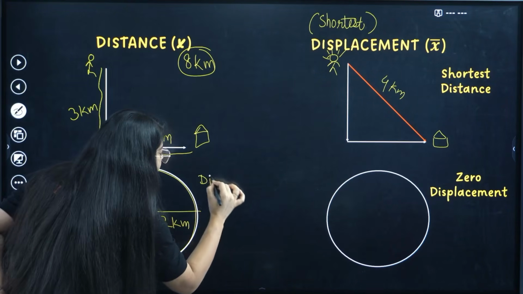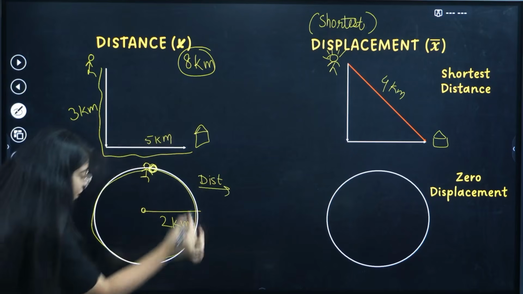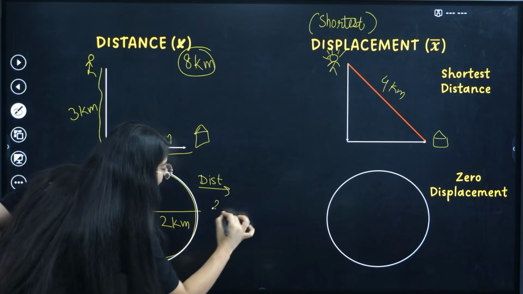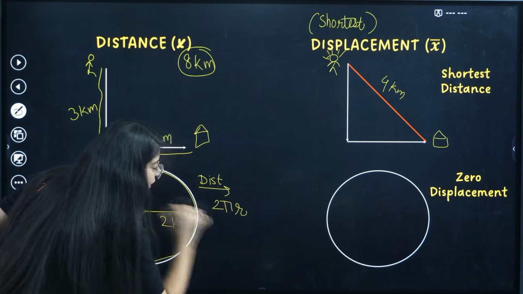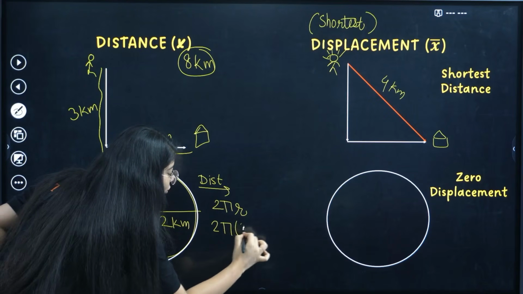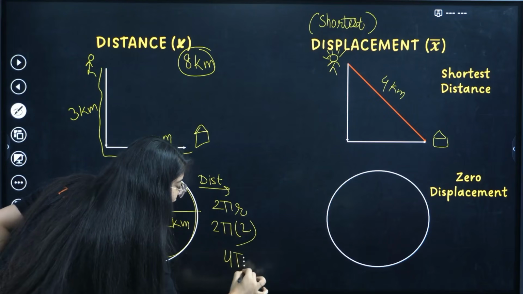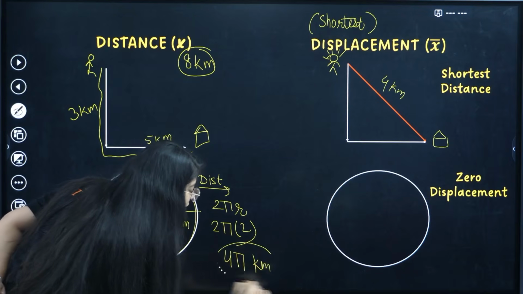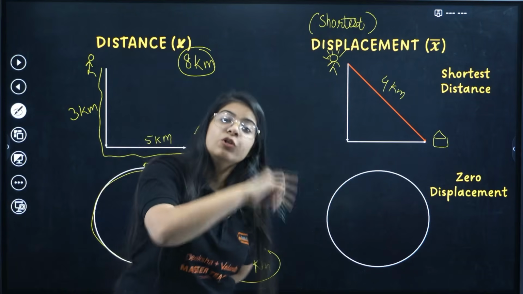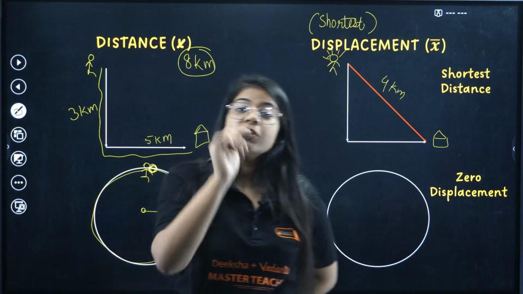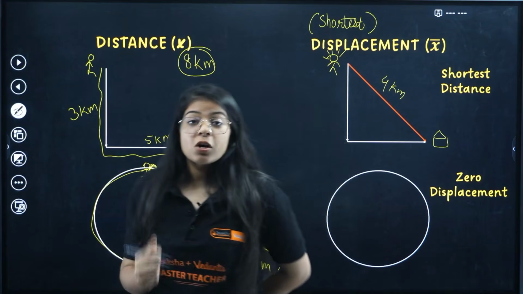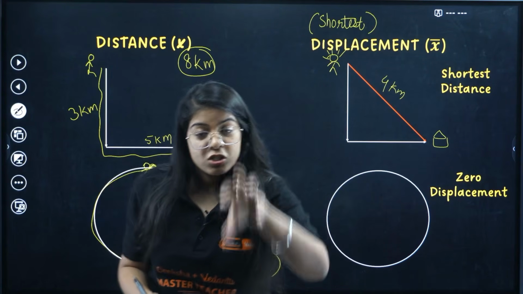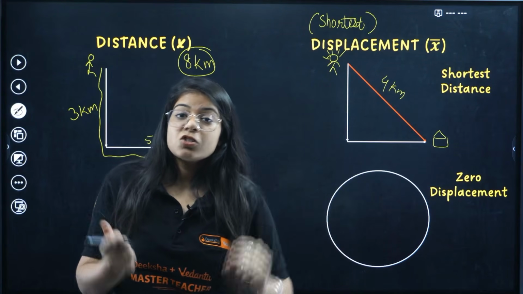The total distance will be the perimeter of this whole circle. That will be 2 pi r, 2 pi into the radius, 2 pi into 2 kilometers. So 4 pi kilometers is the total distance your app will show you. Okay, so it is not 0. Even though you came back to the same point, your distance is not 0.